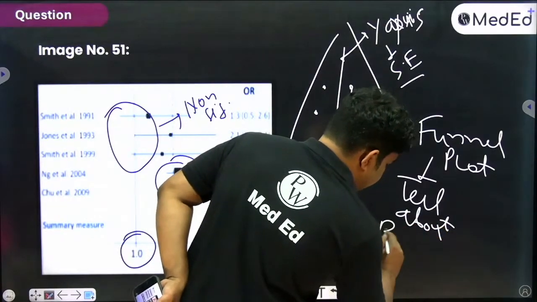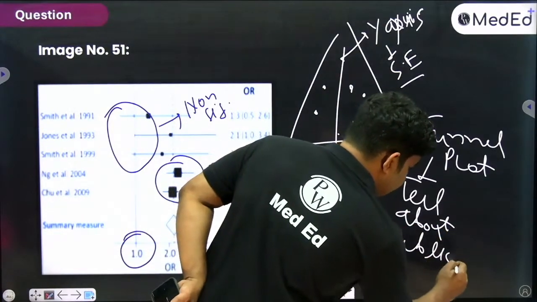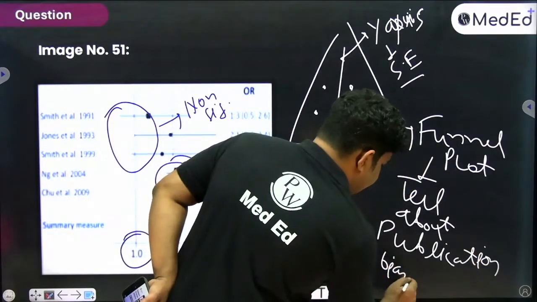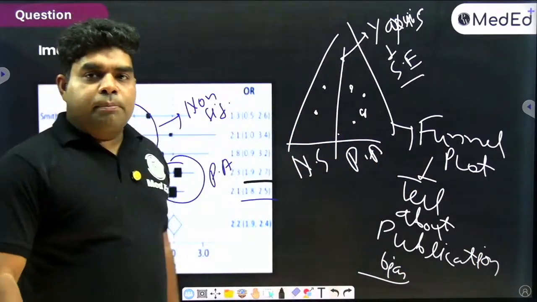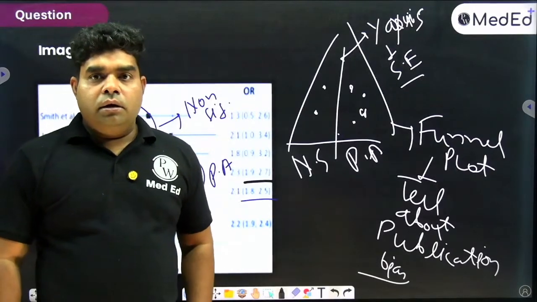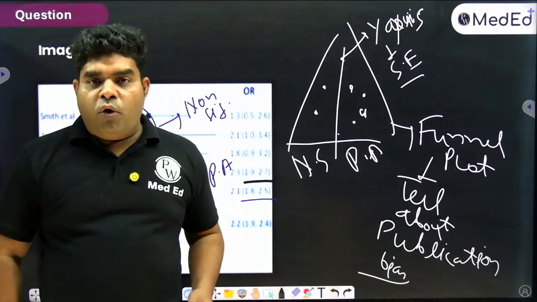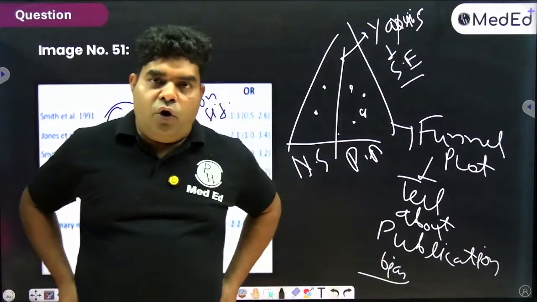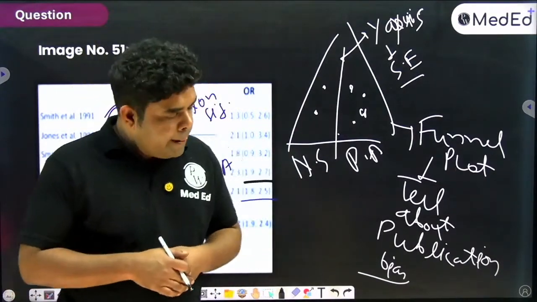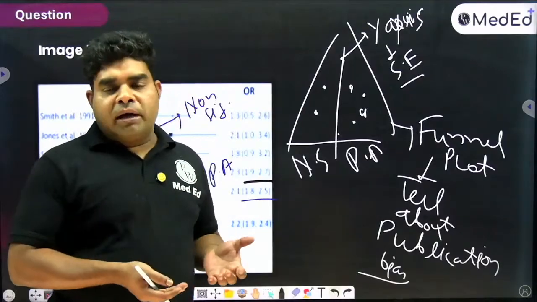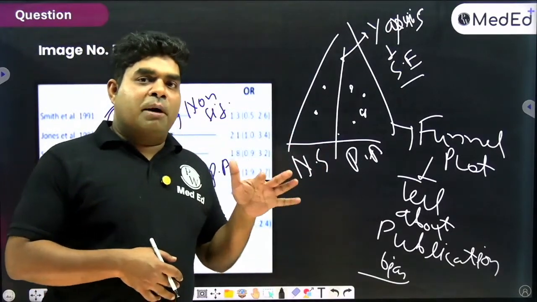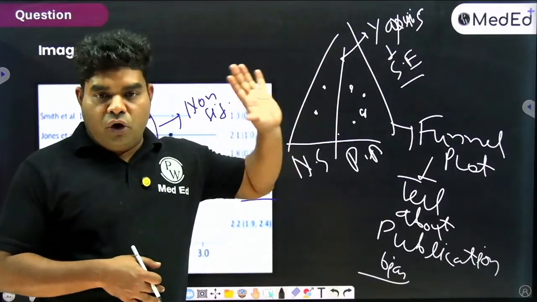What is this publication bias? See, suppose you are searching any topic on Google. Suppose you are searching whether drinking cold water causes weight loss or not in the gym. If someone is drinking cold water, is weight loss there or not. So if you search this topic, mostly studies with positive results only get published in Nature journal and all the important journals.